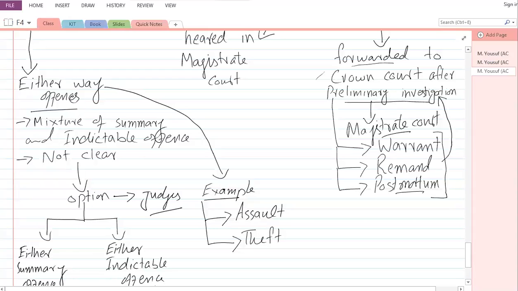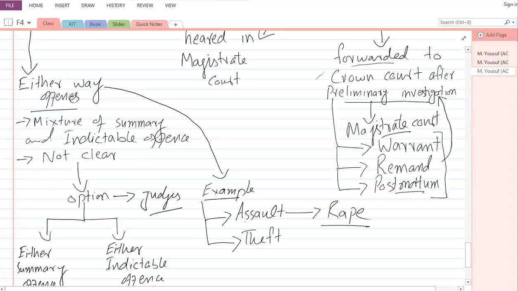So it was initially an assault, and that assault was leading towards rape, but he couldn't do this criminal activity due to some problem. So only the assault was discovered. Assault was charged initially, but later on, the court saw the evidence that he was trying to rape a person.